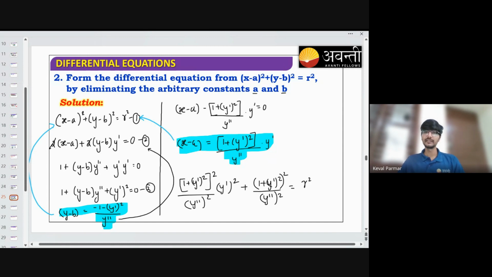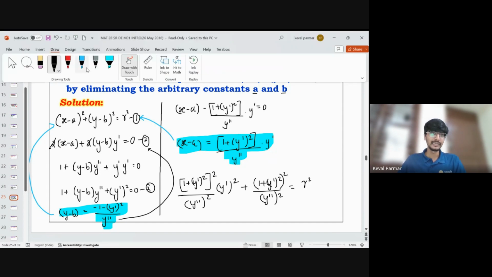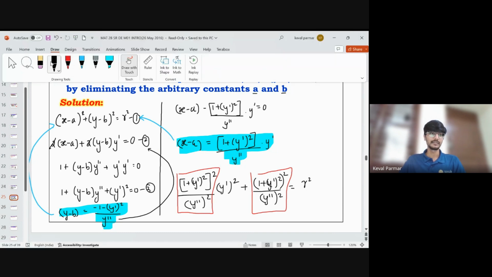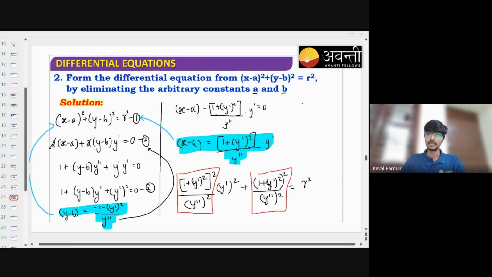This is my answer. See here, I can take these terms common from both if I want. So if I take this common, I can write my final answer, I'm writing it here in this space. One second.